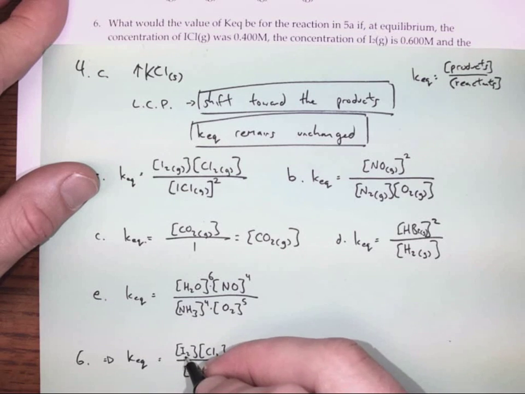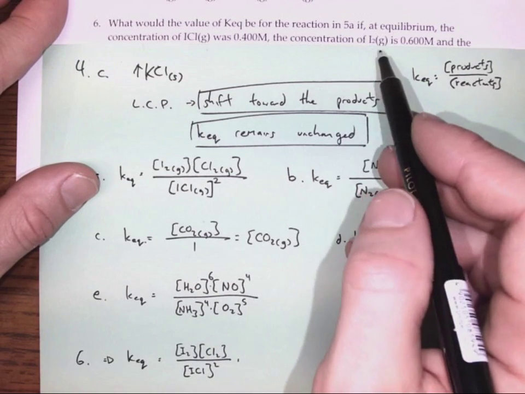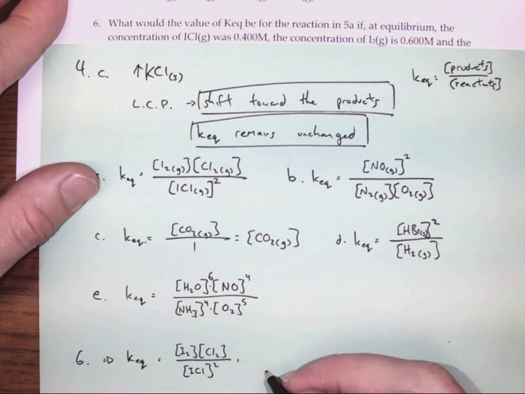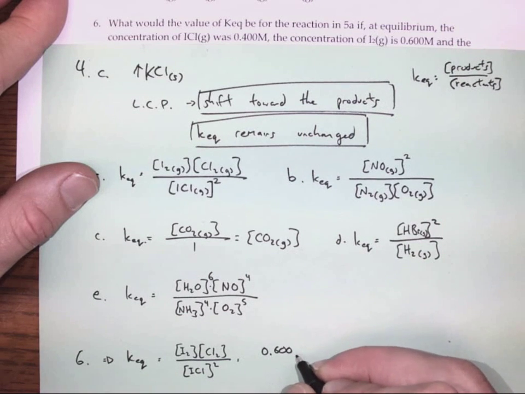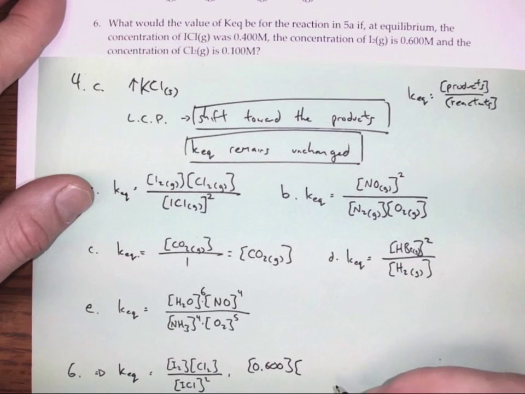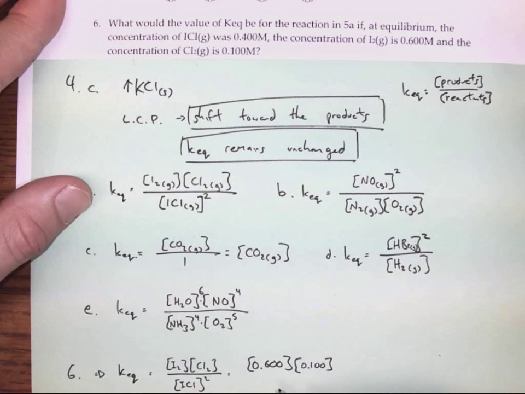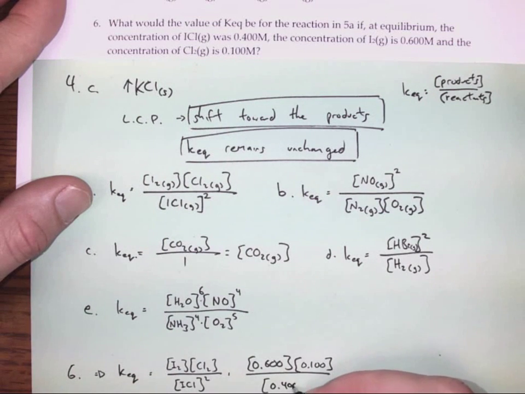Okay, so I'm going to write in my iodine concentration. What is my iodine concentration? My iodine concentration is 0.600 molar. I'm not going to include the units because I don't include the units in my answer right now, at least. That can be a pretty powerful analytic tool later, but for now, we're not going to worry about that. And then the concentration of our iodine chloride is 0.4 molar, and we're going to square that sucker.